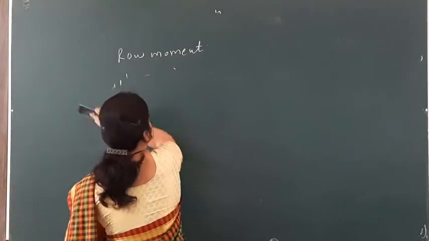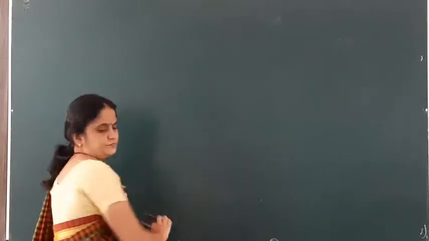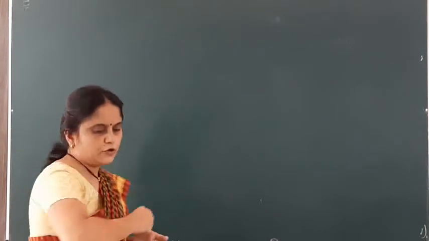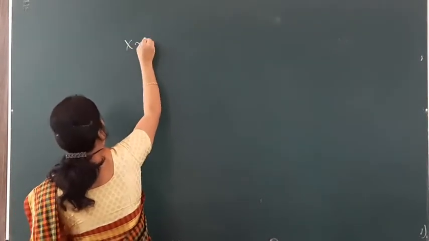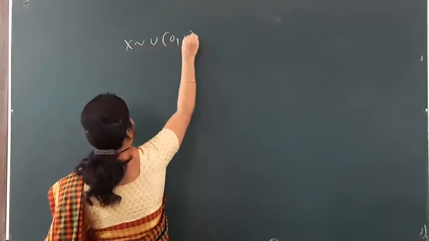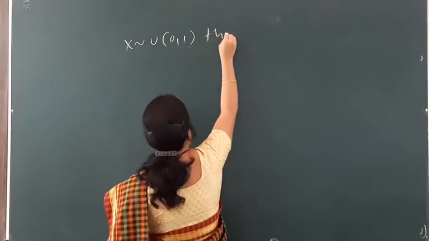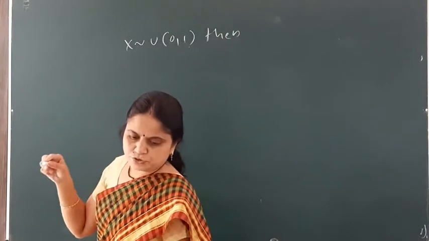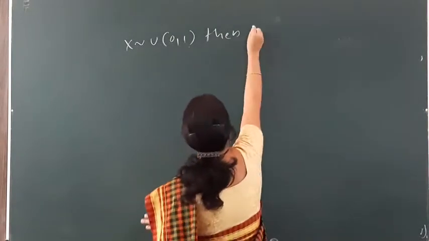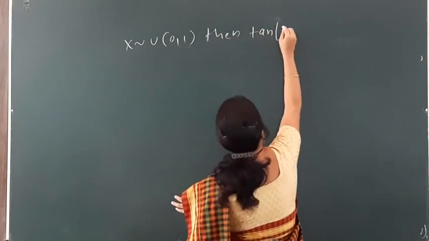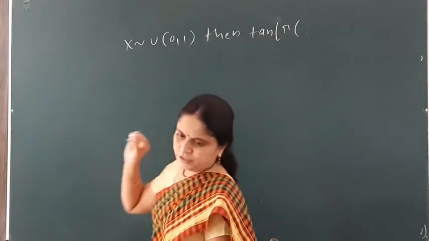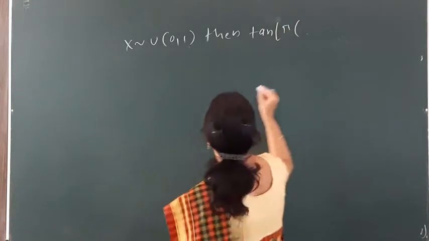Now I have one more problem. The problem is, x follows uniform 0, 1. Then you need to find the distribution of tan of pi into bracket x minus half.